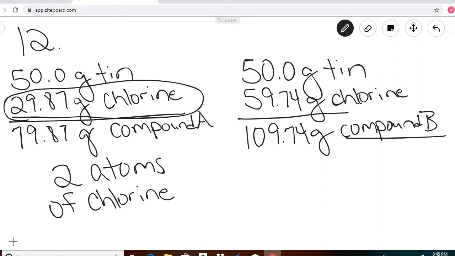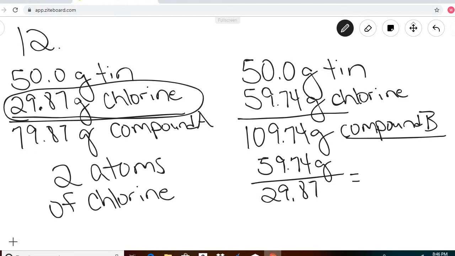Okay, so we look at the mass of the chlorine. Here it's 29.87, here it's 59.74. So again, let's look at the ratio between those two. 59.74 grams divided by 29.87 gives us that the ratio is 2.